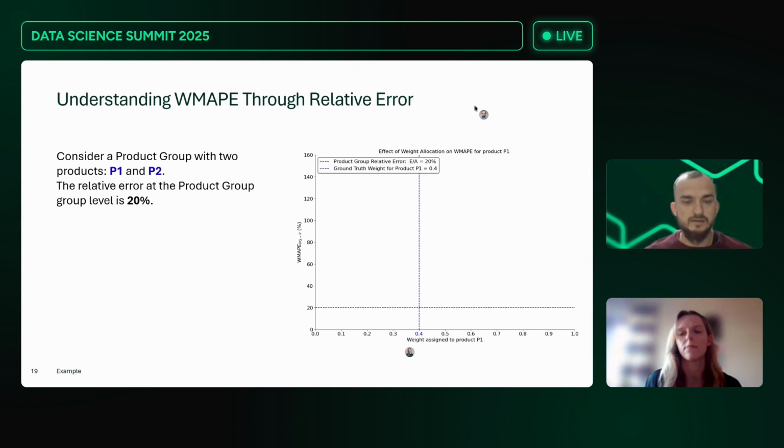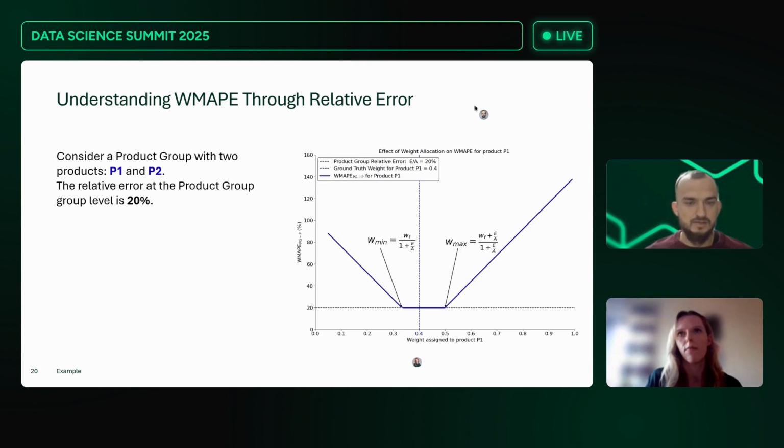And once we plot the relationship with the assigned weight, we can see that there's a range of weights that we can assign to a given product that guarantees the minimal achievable error, and this range is because of the error on the higher hierarchy.